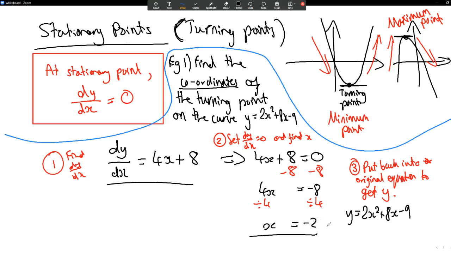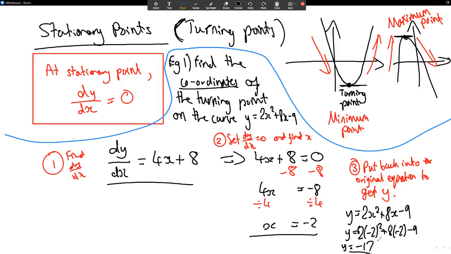So we can just put minus 2 into here, and y equals minus 17. You can check that for yourself, but yeah, that will equal minus 17.